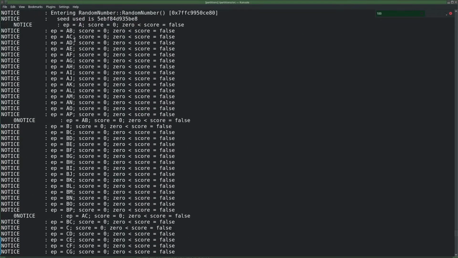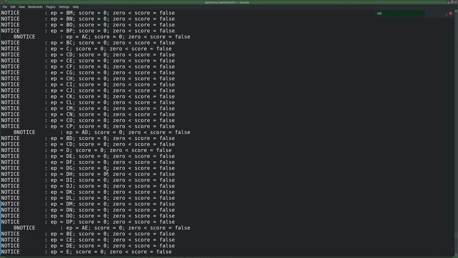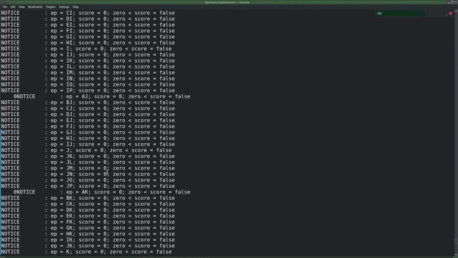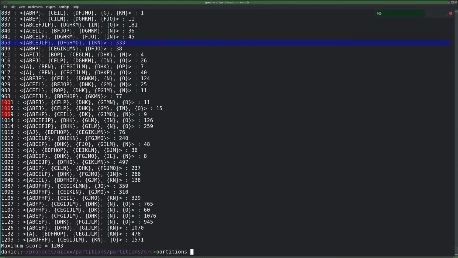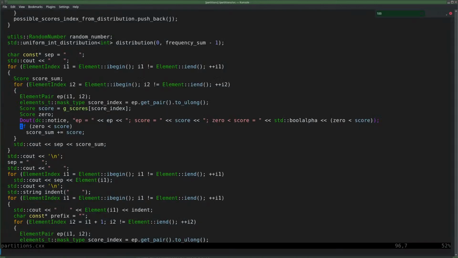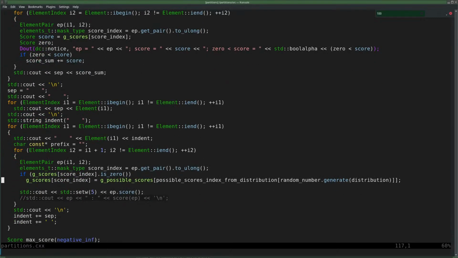But the score is always 0. And I have a feeling I know why. Because I'm doing this before I assigned that bloody thing. How stupid can you be? It's being assigned here. It's being assigned while I print it.